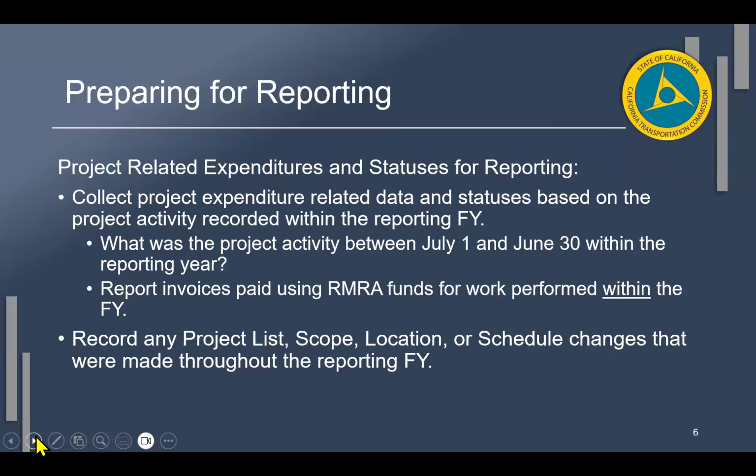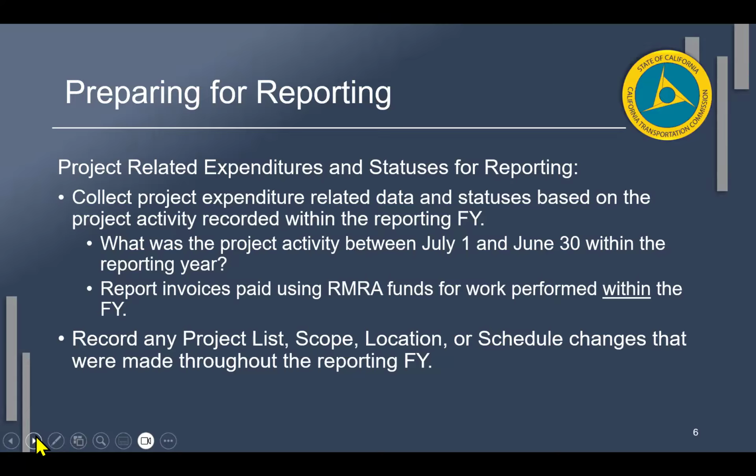So project-related expenditures and statuses for reporting. This is to help you prepare for reporting. Please note that you're collecting all expenditure related data and statuses based on the project activity recorded within the reporting fiscal year. So what is that? July 1 to June 30th is within the reporting year, right?